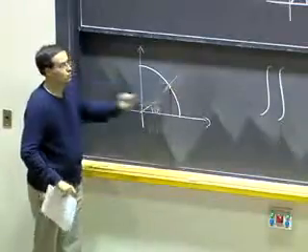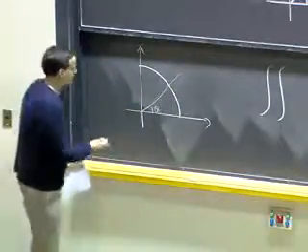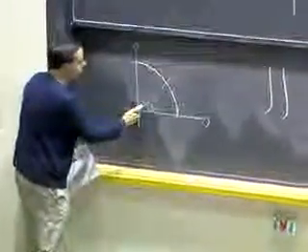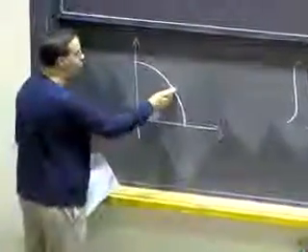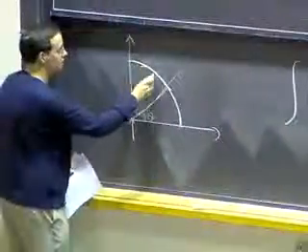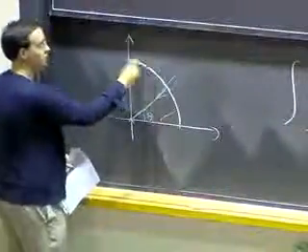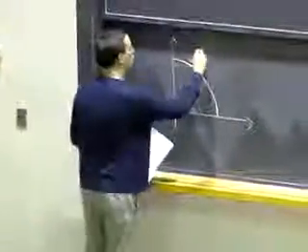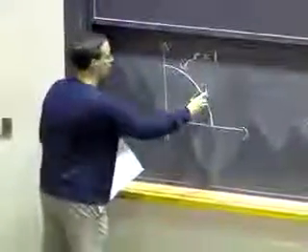Here it will be pretty easy, because r will start at 0, and you'll have to stop when you exit this quarter disk. What's the equation of this circle in polar coordinates? It's just r equals 1. So we'll stop when r reaches 1.